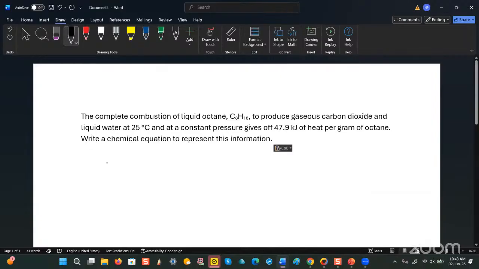There are two reactants. C8H18 and then oxygen. And then what will be the products? Carbon dioxide and water. Okay, very good. So now we need to balance this. So to balance this, what do we need to do? 8 in front of the CO2, 9 in front of the water.